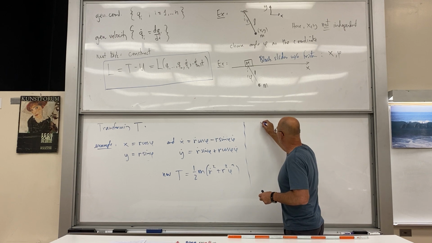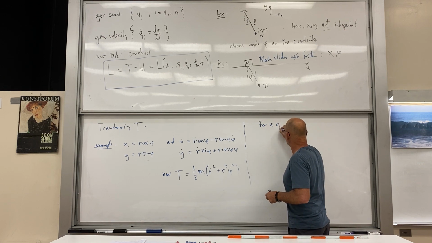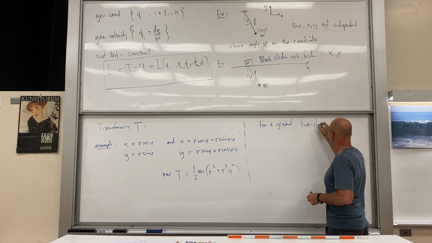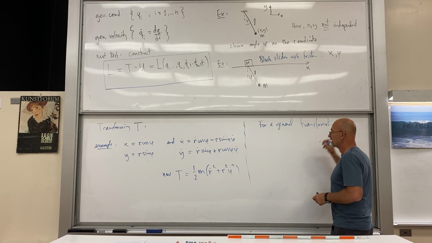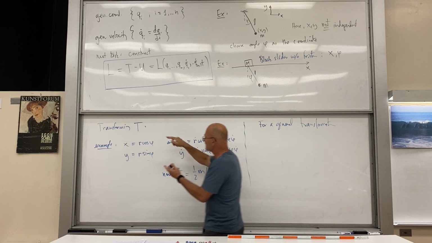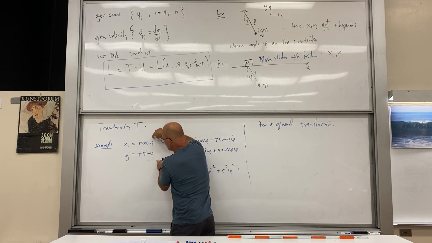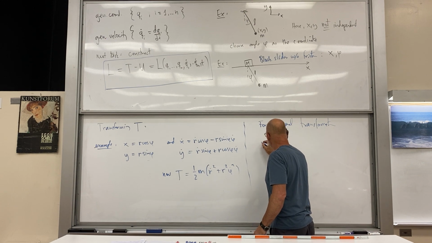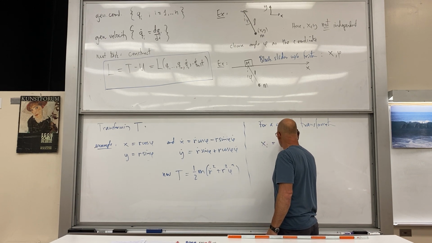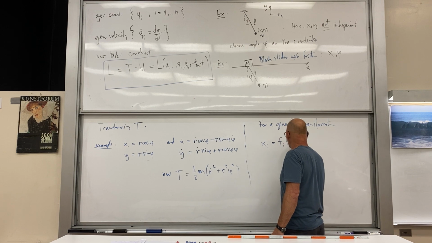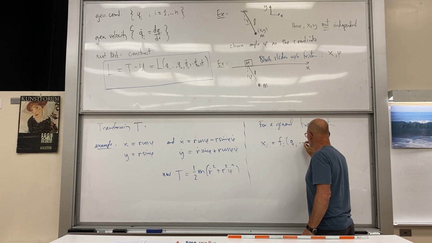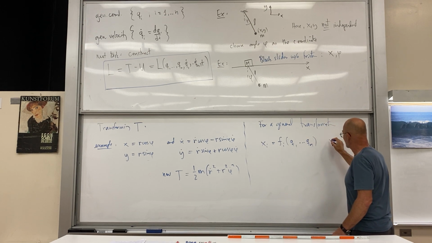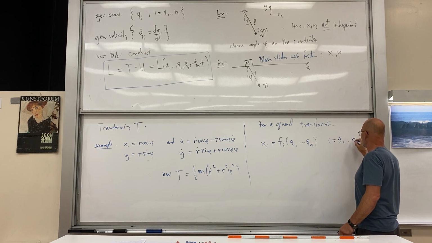Now what about a general transformation? So this was our x and y, and these are our q's. So we're looking at x sub i equal to some function f sub i of q1 to qn, i equals 1 to n.